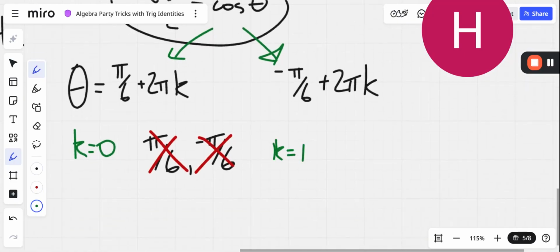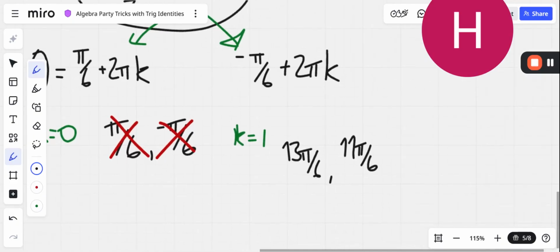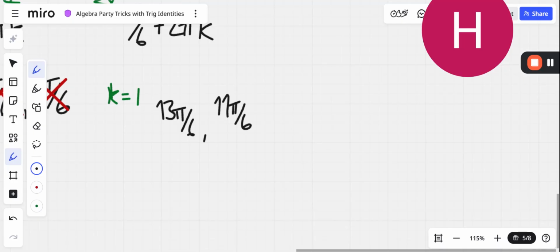Let's try k equals 1. Then things start to get a little more interesting. When k equals 1, then we would be at 13 pi over 6 and 11 pi over 6. These are both accepted. These are both valid. How do I know these are valid for sure? Well, I need my theta to be between pi and 5 pi over 2.